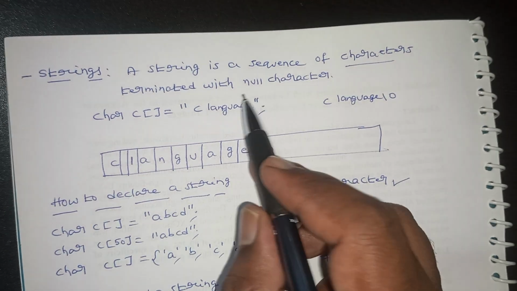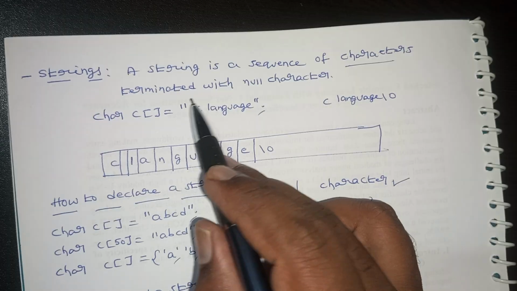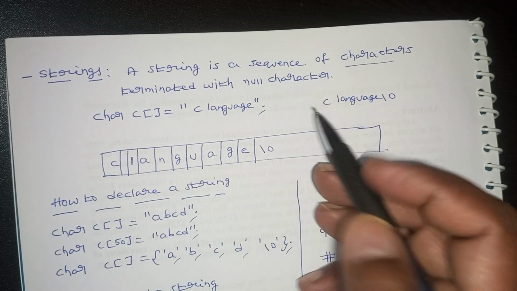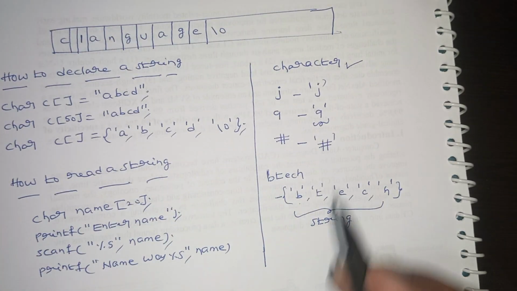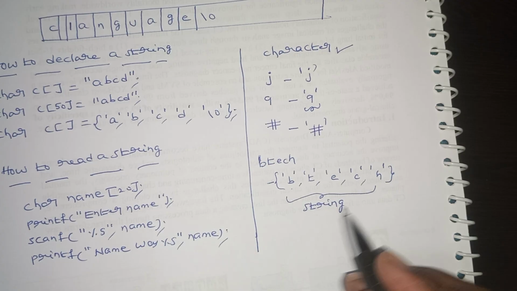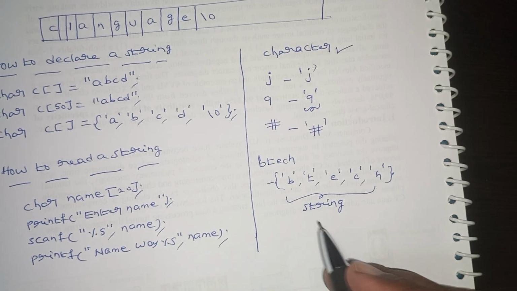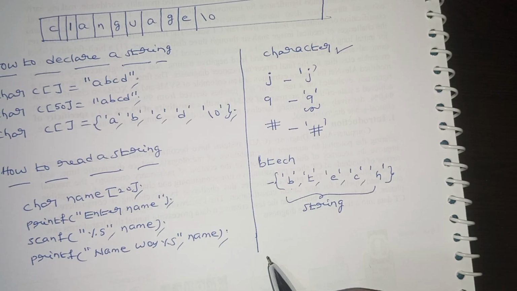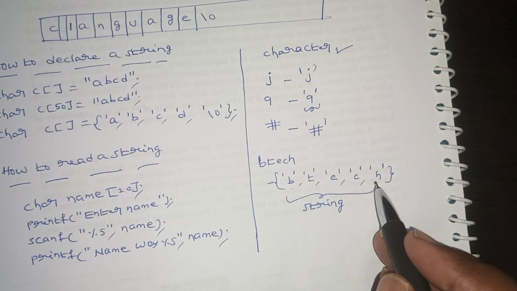Again, what they said is that it is going to be terminated with a null character. As you know, in the English language, at the end of a sentence you place a full stop. Same here also, you have to mention where the ending is.